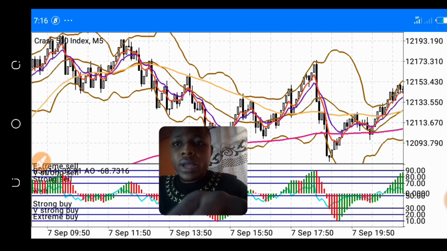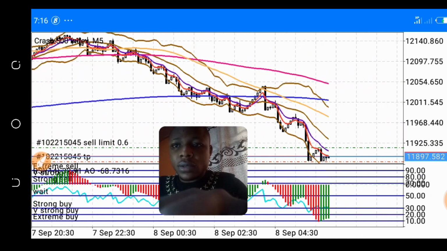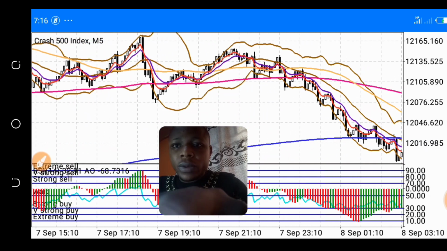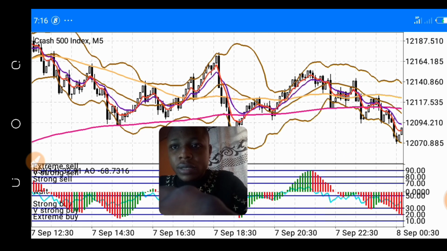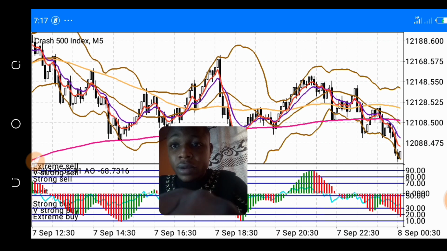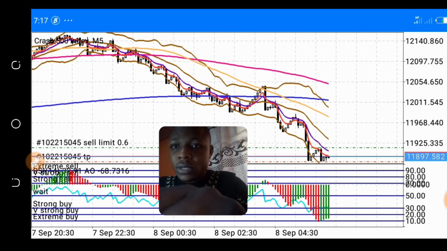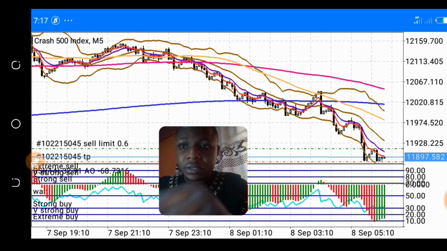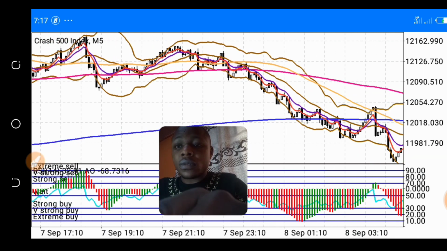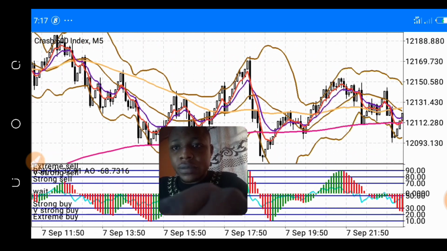Sometimes when the market is swinging like this, you wait for a breakout, and when the market breaks out like this and doesn't come up again or down again to SMA 50, then you just wait for a little pullback, then enter the trend. That's for SMA 50. Or wait for it to come back to test that SMA 50, then you sell again.